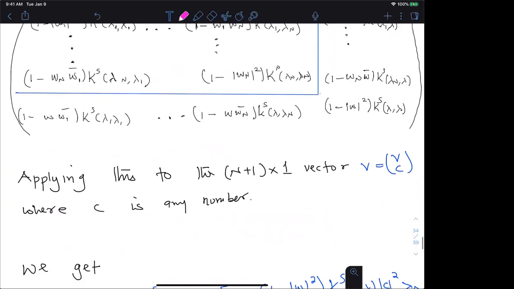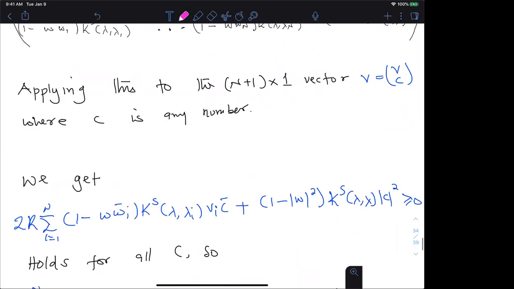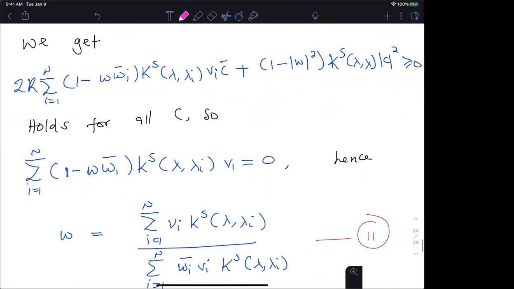Multiplying that matrix with a new vector, formed by adding one component c to the original null space element, he is able to deduce that omega has this formula. It turns out this omega formula also works for all the previous data points, from lambda 1 to lambda I.